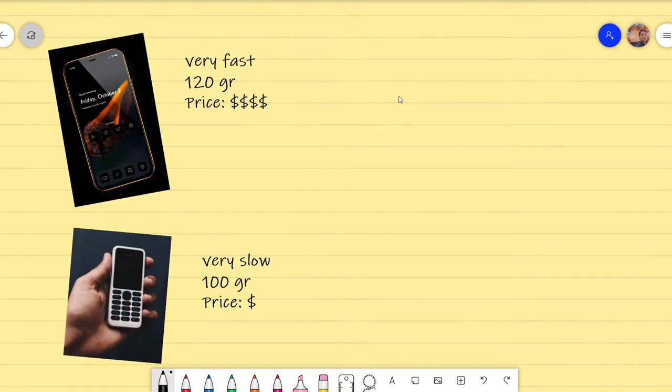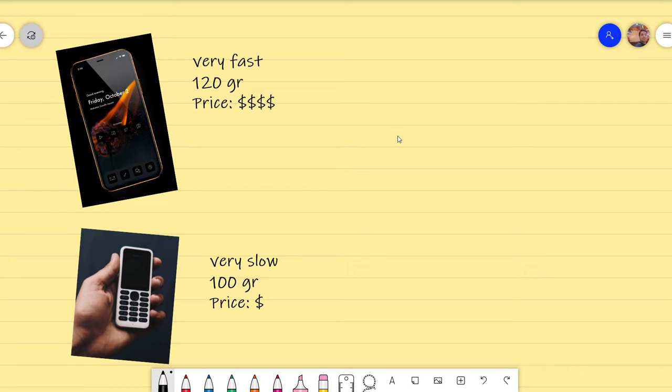Here we have two mobile phones. The first one on the top, as you can see in the picture, and we have a second one on the bottom. Alright, let's take a look at the information that we have about them. Let's call this one mobile phone number 1 and this one mobile phone number 2.